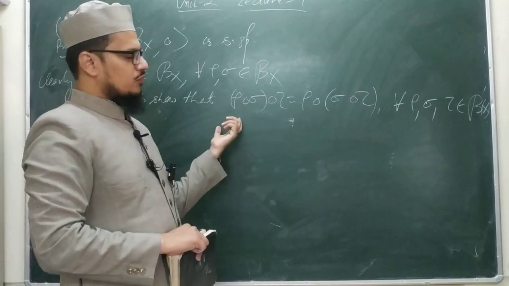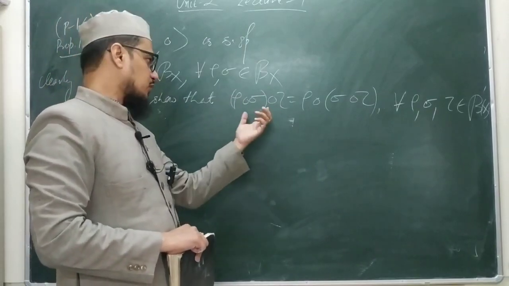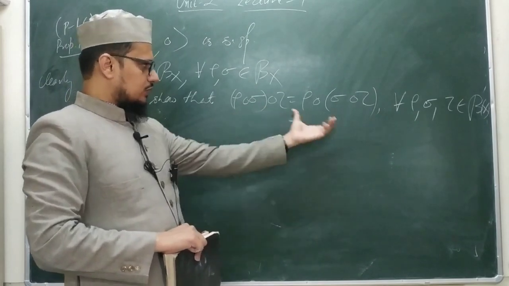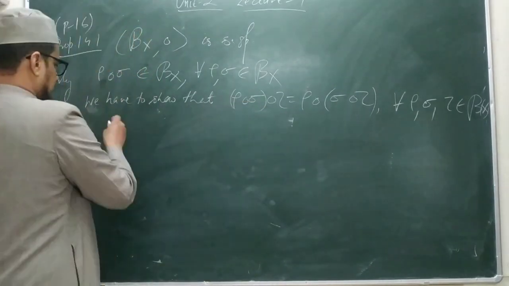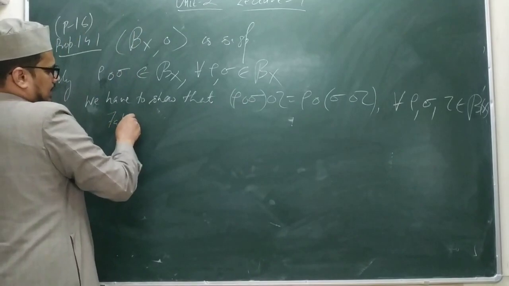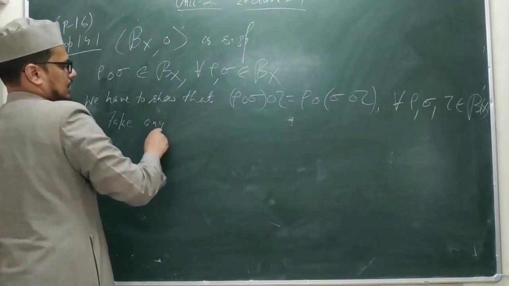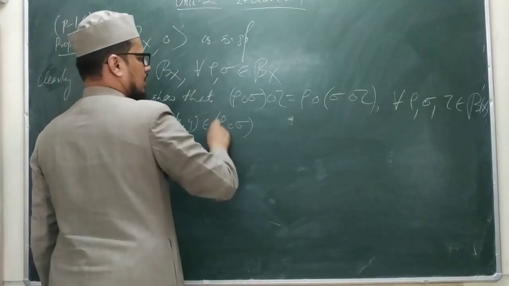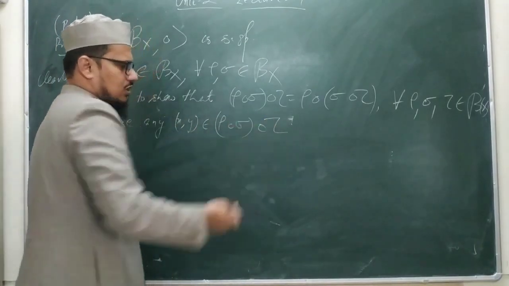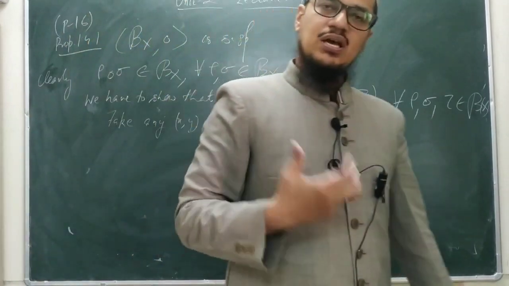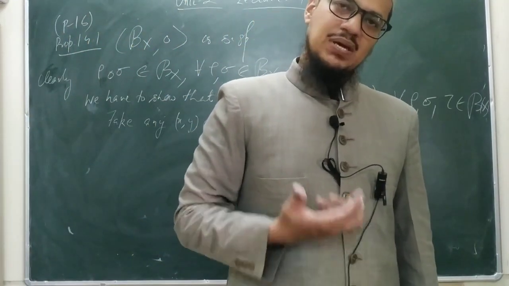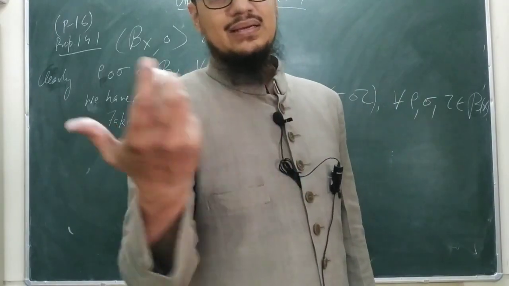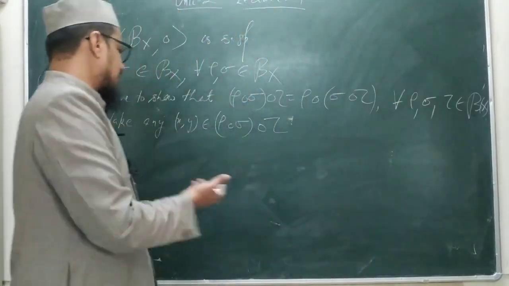Now you have to prove the operation is associative. Now what you do? You have to prove this is equal to this. So take an element here. Take any (x, y) belonging to (rho composition sigma) composition tau. Of course, it is a binary relation, so being a binary relation, it contains pairs (x, y) as elements. So we take any arbitrary element here.